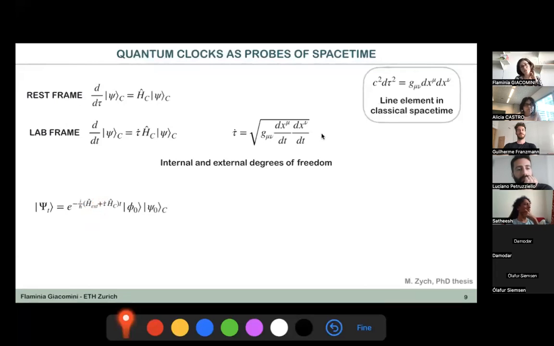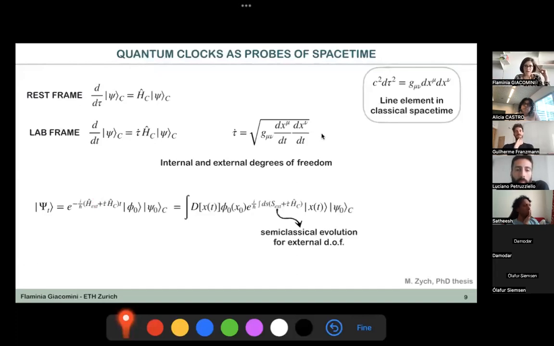However, the situations in which we are interested are situations in which, for instance, we send the clocks in an interferometer, in which the clock in each arm almost follows a semi-classical trajectory, a trajectory that we can roughly approximate as a classical trajectory.